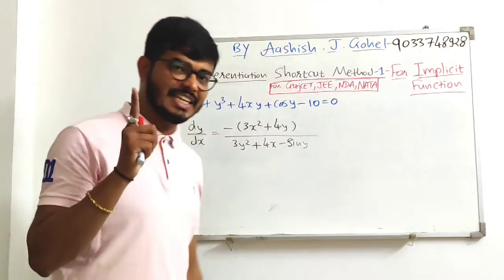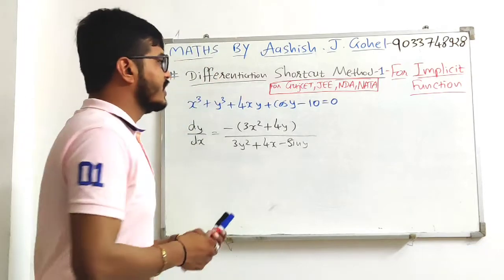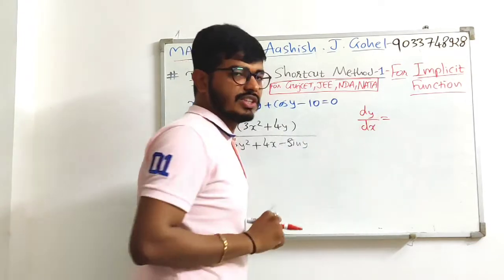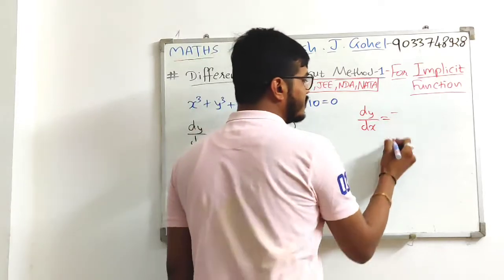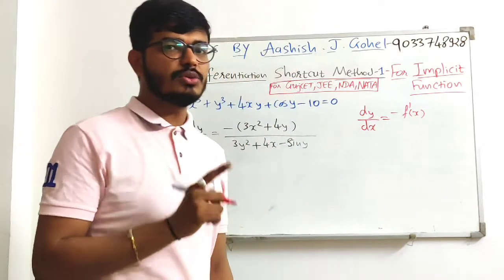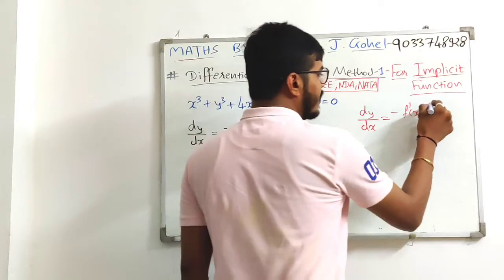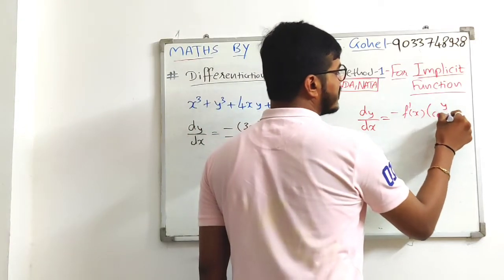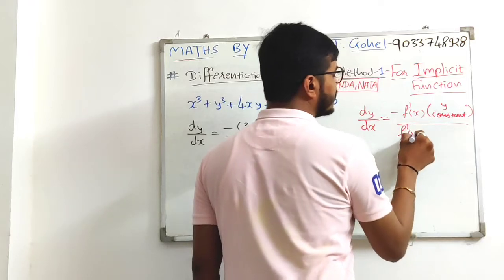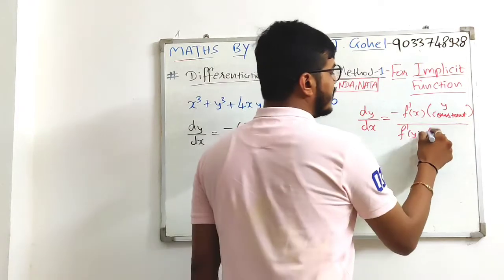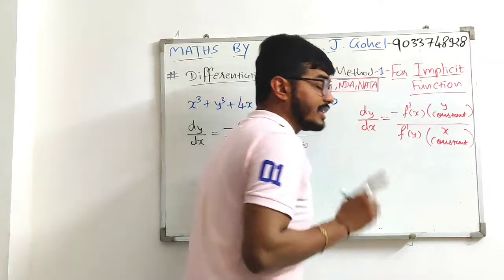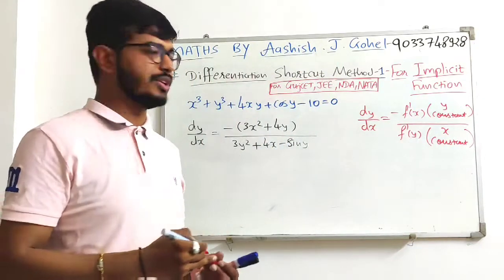Now here one secret formula is there: to find dy by dx for any kind of this function, we will put a negative sign and we will differentiate with respect to x, keeping y constant, and in the denominator we will differentiate with respect to y, keeping x constant. Yes, this is the secret formula.